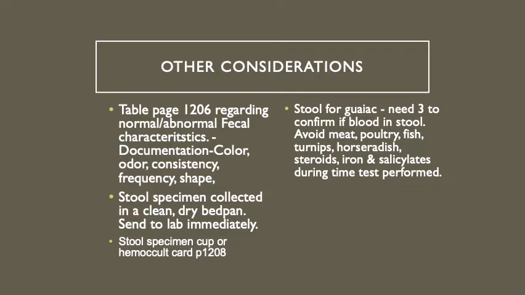So, be aware of those things. And look at that page, I think it's 1208, that shows the specimen cup, and it shows the hemocult card. And you can see how that's developed. It's pretty simple, but then it does still have to be carried out according to protocol for it to be accurate.